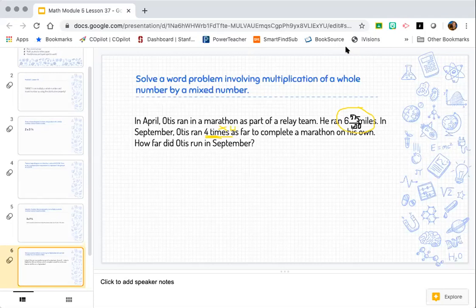So our equation is going to be 6 and 55/100 times 4. Thanks, June. Times 4. Okay, that's our equation. 4 times as long.